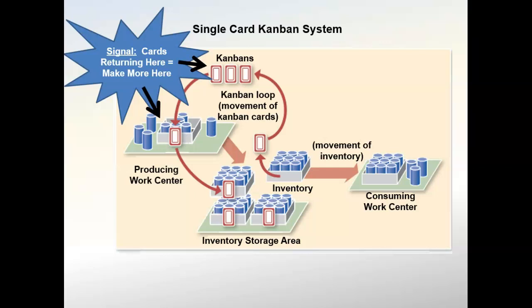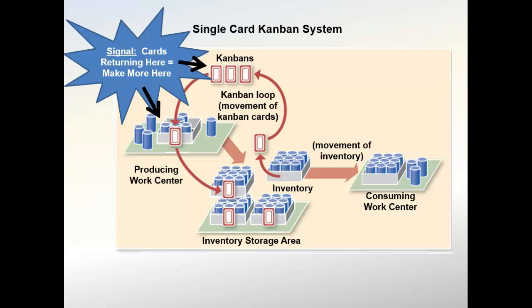Now, if the producing work center cannot locate any cards returned without their bins, then the producing work center remains deliberately idle, as this is the signal that the system does not require any new inventory. Thus, while inventory is moving from left to right between the producing and the consuming work centers, as illustrated here in figure 12.4, the Kanbans are not following the same path.